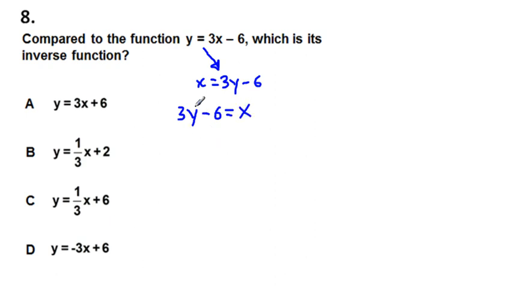And to solve for y, we're going to start out by adding 6, and you know the golden rule of algebra: what we do on one side of the equation, we do on the other side, so we add 6 to the right side. Negative 6 plus 6 cancel to equal 0. We have remaining 3y equals x plus 6.